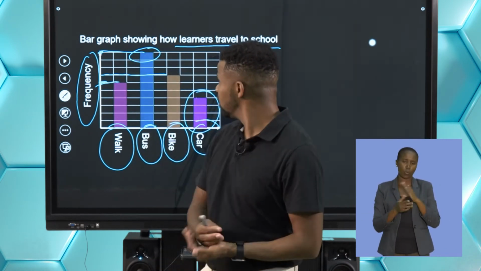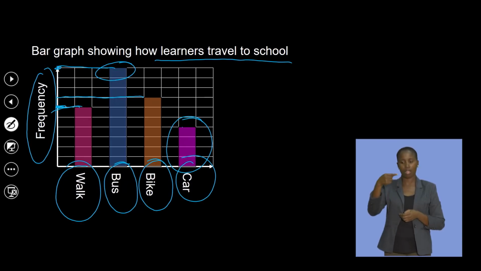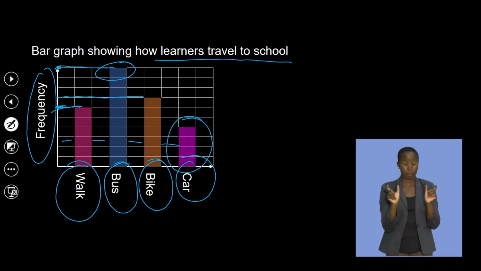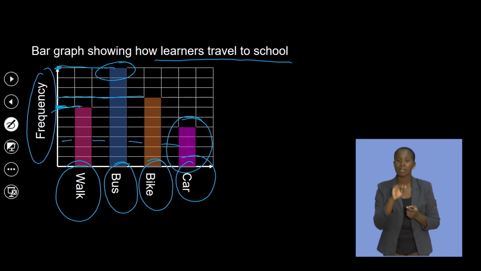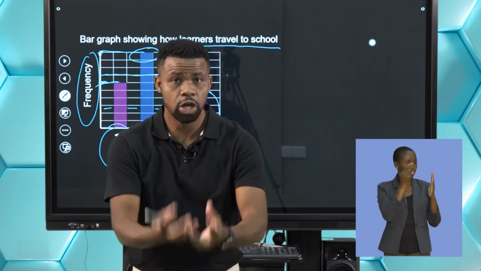So this is the bar graph. You can see there are gaps between the blocks; they don't touch each other. Are we all together? Fantastic. You need to know how to draw this and how to interpret this.